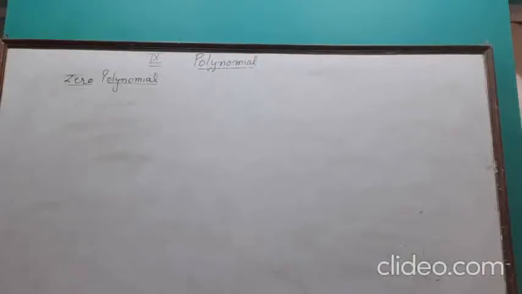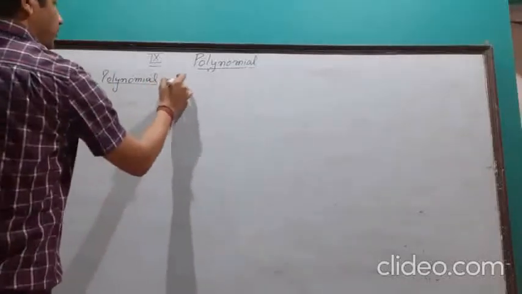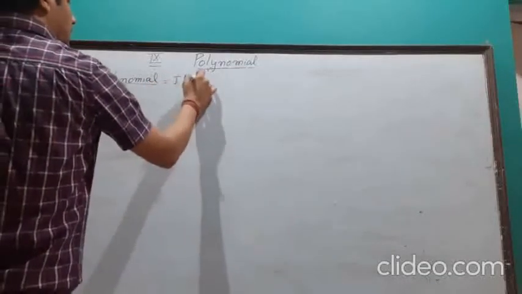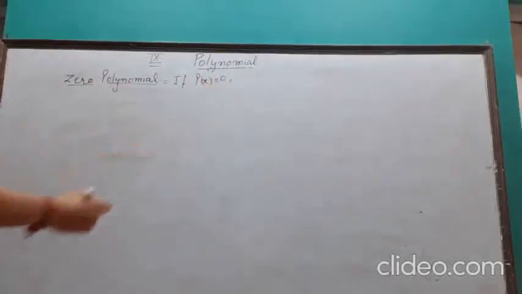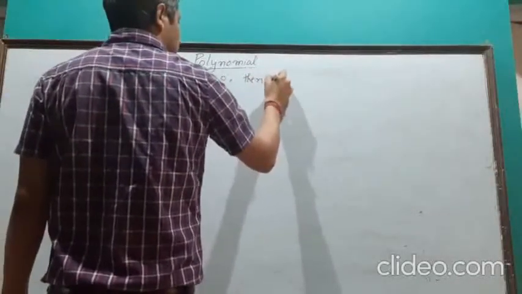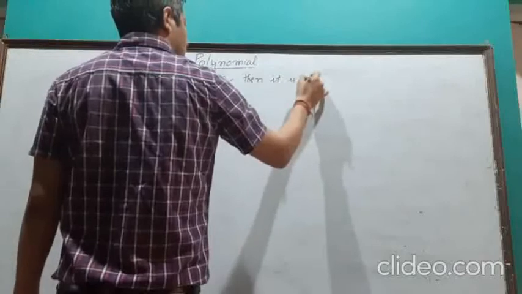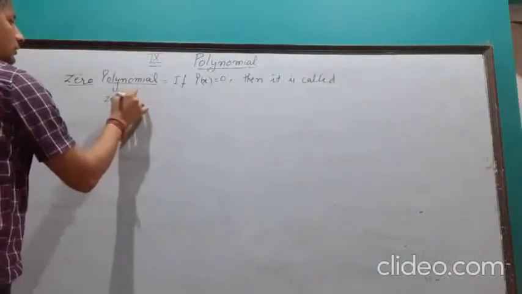Now we have a special case which is zero polynomial. If p(x) is equal to 0, then it is called zero polynomial.